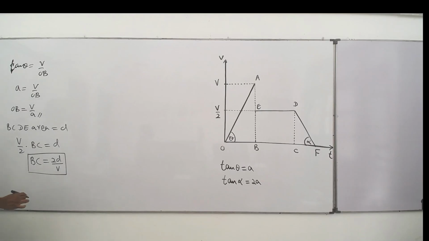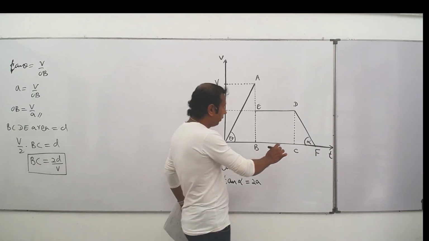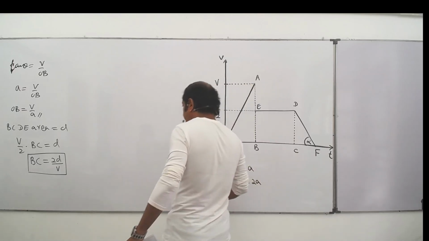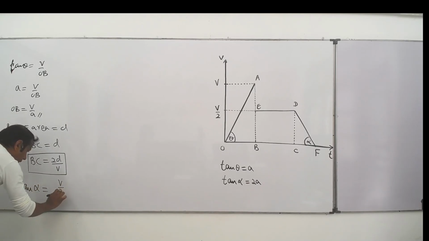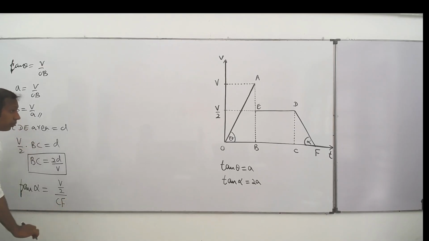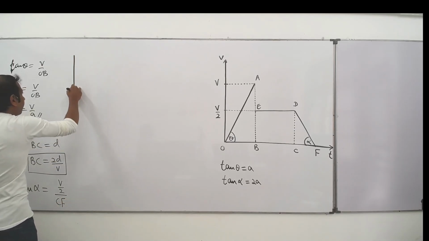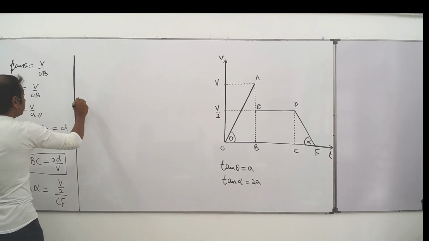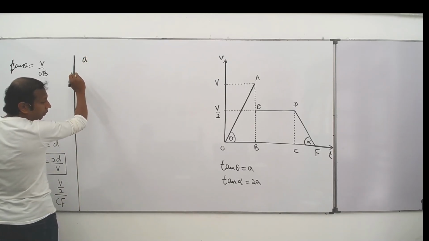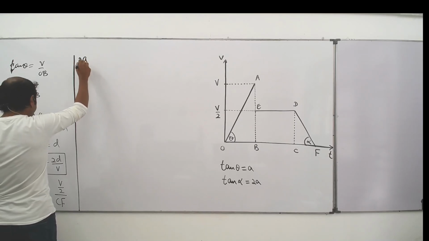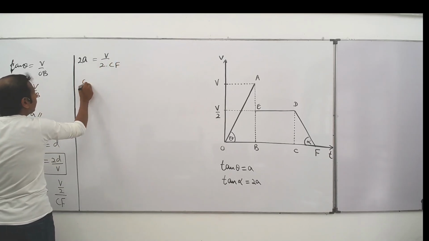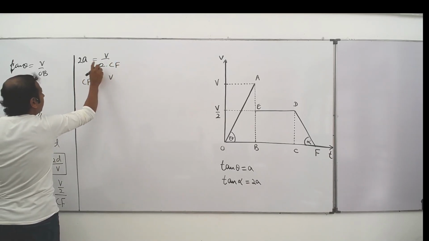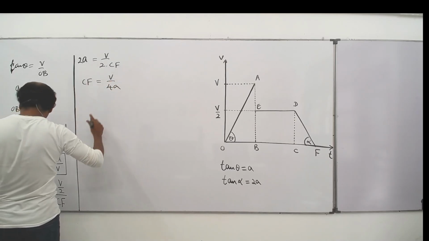And also this tan alpha ratio you can write as v by 2 divided by CF. You can write tan alpha is 2a, so 2a equals v by 2 times CF, then CF you can write as v by 4a.